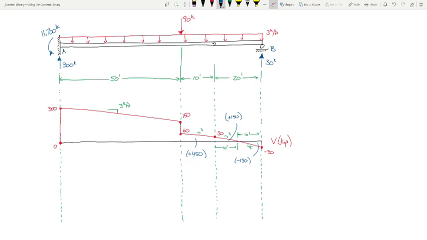Anybody have an answer for me? You might want to check that again. It's 300 and 150, so we're taking the average of those. So the average should be about 225, and then 225 times 50. 11,250. I think you might have had a digit wrong.